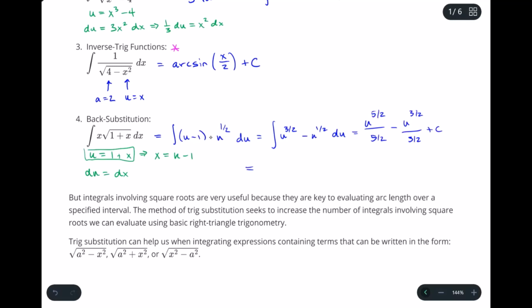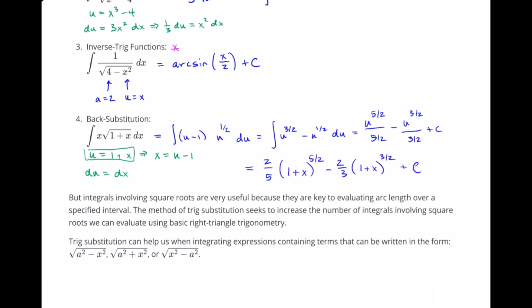And that essentially gets me to 2/5 u, its definition was 1 plus x, so I'll go ahead and replace that back. So 1 plus x to the 5/2 power minus 2/3 times 1 plus x to the 3/2 power. And that gets us our integral.